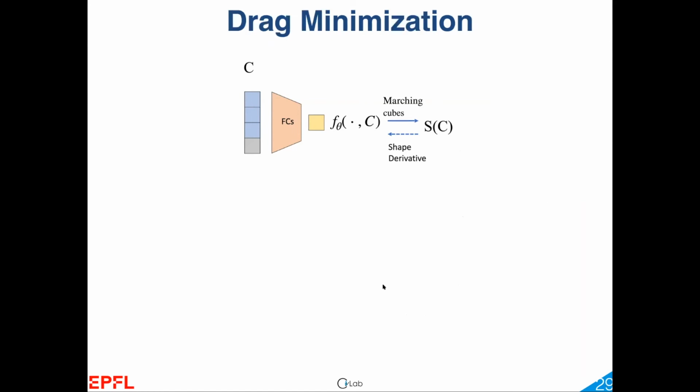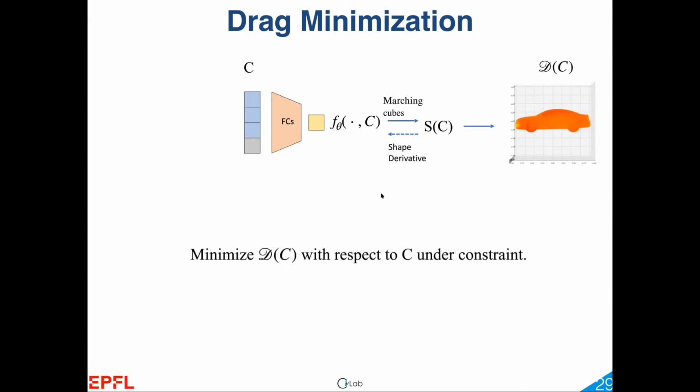So now that we have that, we can go back to our drag minimization problem. We have a code. We have something that converts this into a 3D shape in a way that is differentiable. And then we have our GCNN that takes the 3D shapes and computes the drag.